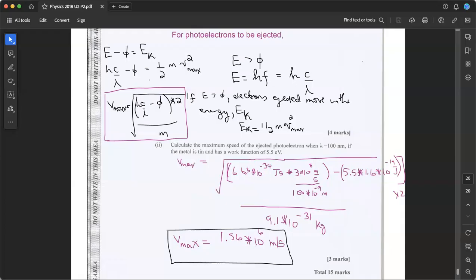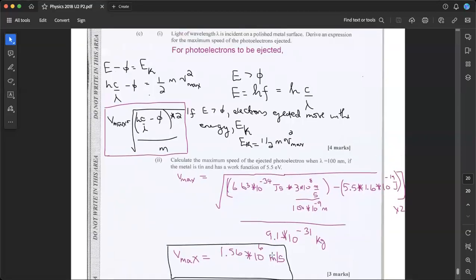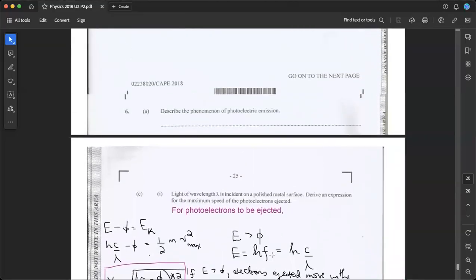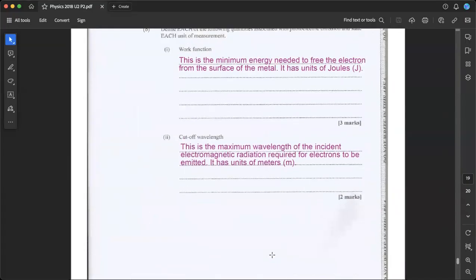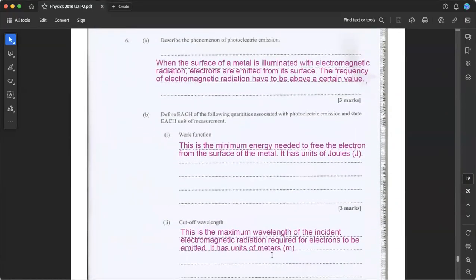The key thing is to make sure your units are consistent, in fact in SI units, so that your v max works out in the units of speed. That's all they wanted for this one. Again, this is module 3, particularly on the photoelectric effect, or photoelectric emission, from the June 2018 paper. All right, see you in the next video.